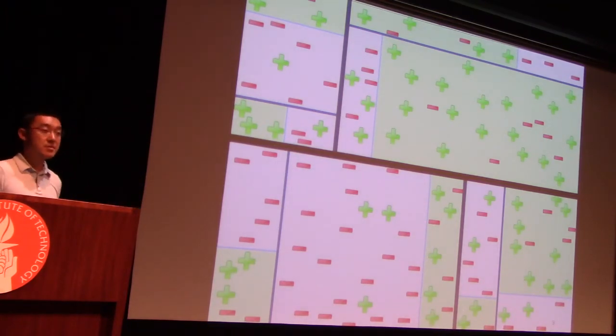Yes? But I'm still confused about your definition of balance. I thought it's like the height, not some power of 2. That's not a complete tree. A complete tree is perfectly balanced. That's right.